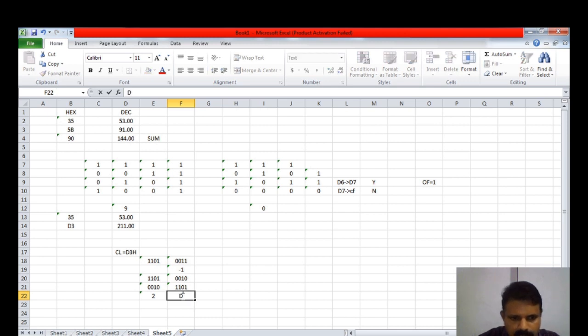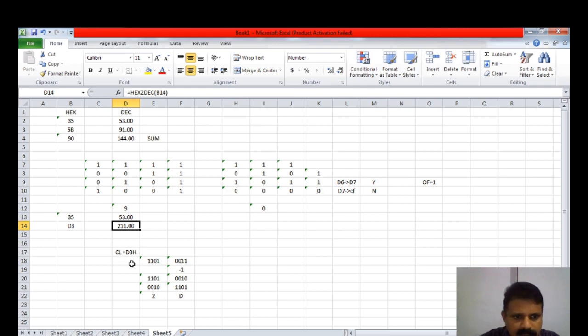What is 2D in decimal? 2 into 16 is 32 plus 13, 45. So this number actually represents minus 45 in signed arithmetic. CL equal to D3 hexadecimal means in signed arithmetic CL contains the number minus 45.